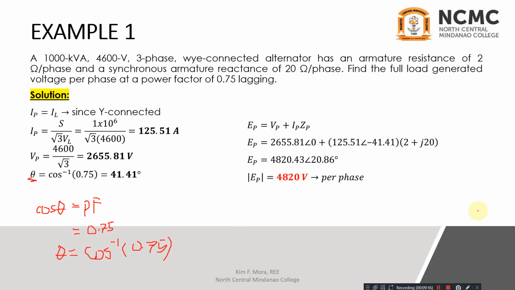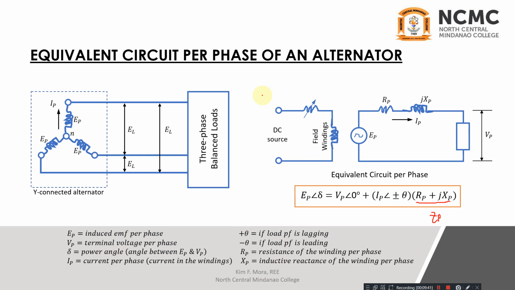So we have VP, which we got earlier, 2655.81 angle 0, plus our IP, which we got, 125.51 angle.